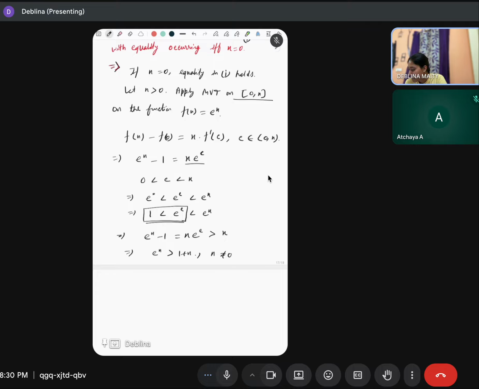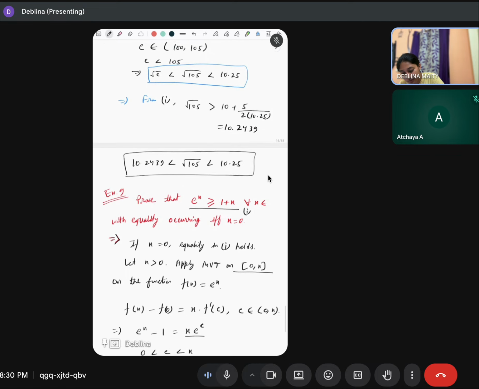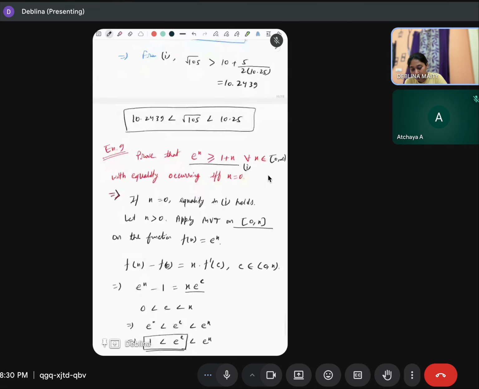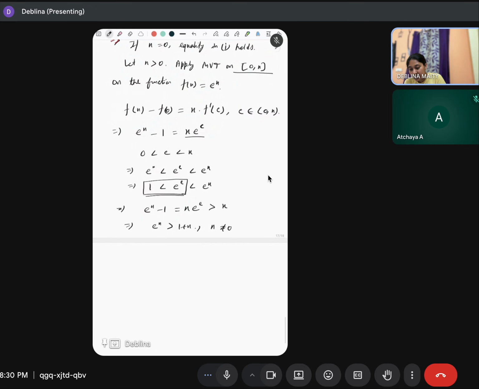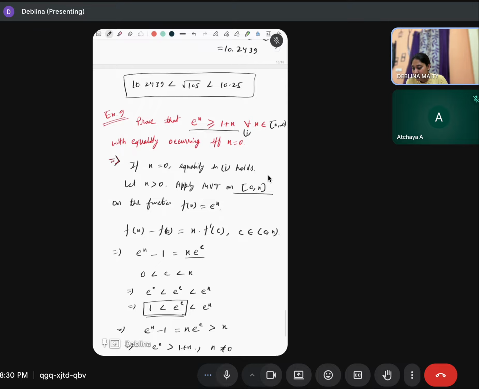Okay, we chose that the domain is x belongs to 0 to infinity. Then if x is 0, the equality holds, and if x is non-zero, then it is strictly greater than 1 plus x. So this is the proof of this problem.